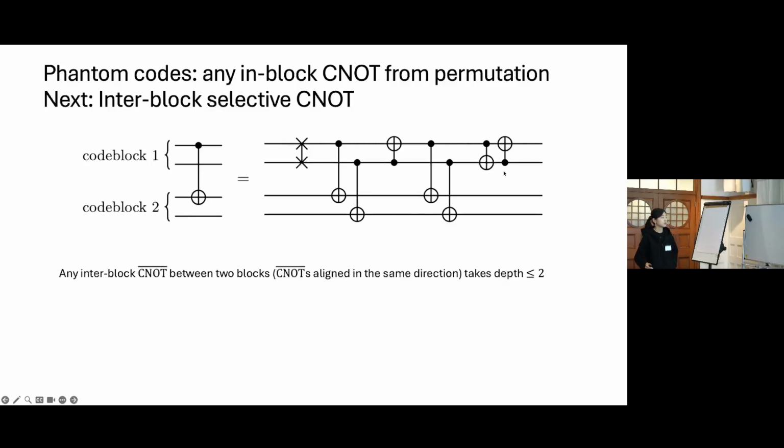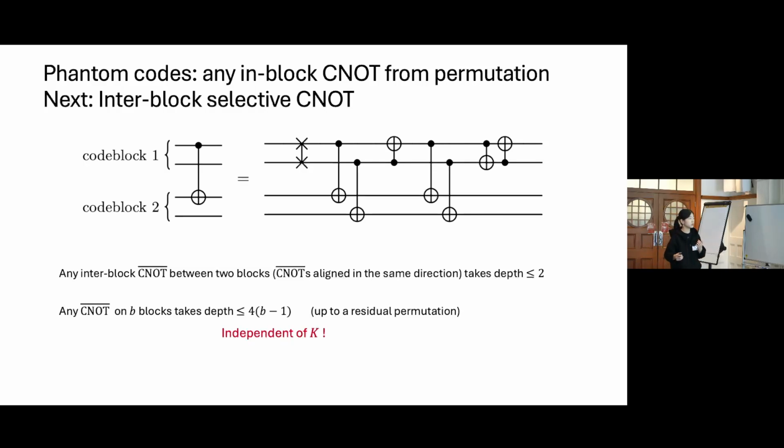Okay, so actually, what you can prove is that any interblock CNOT circuit, not just this very simple one, no matter how complicated, as long as all the CNOTs are aligned in the same direction, takes depth at most 2. So this depth is this transversal CNOT here. So if it's a permutation, then we ignore the depth because it can be compiled as relabeling.